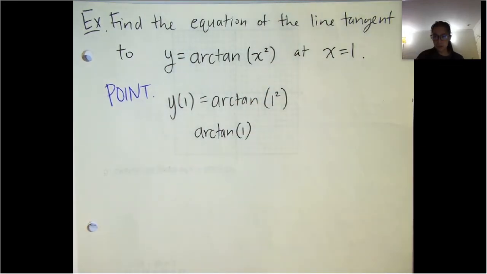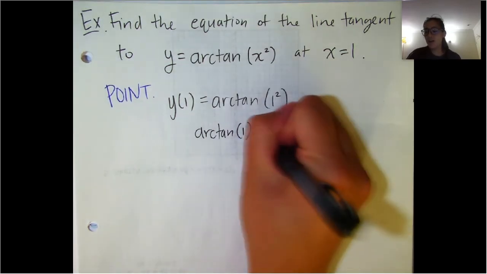You should remember your unit circle. So the question that you are supposed to ask yourself is tangent of what angle gets you 1? And if you remember your unit circle and you remember that you're in AP calculus, and so you have to keep everything in radian mode, you'll know that this would equal pi over 4.